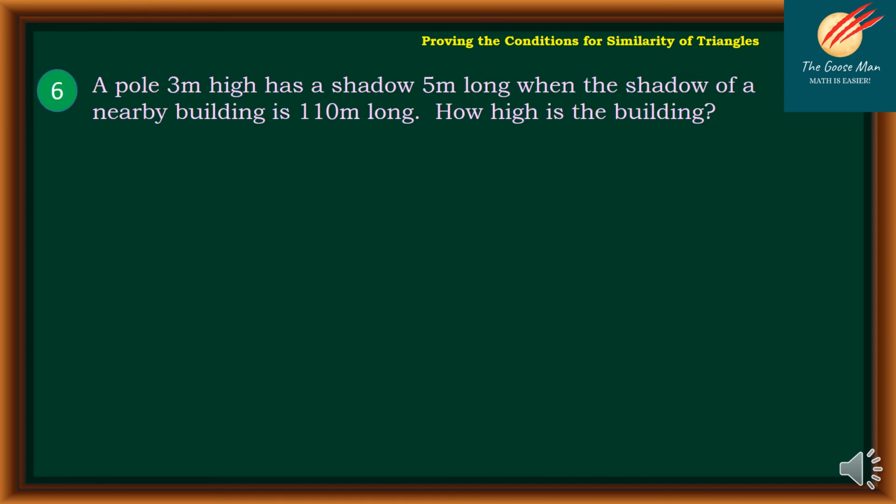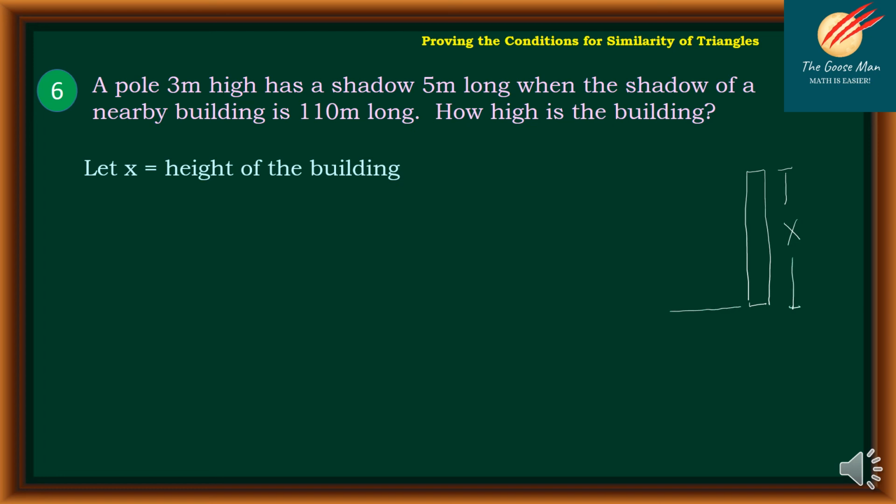So let's move on to problem number 6. A pole 3 meters high has a shadow of 5 meters long, while the shadow of a nearby building is 110 meters long. How high is the building? For our representation, we will let x be equal to the height of the building. Sometimes in order to solve the problem, we need to sketch or draw the problem. So say for instance, this is the building, and the height of the building is unknown, so we will represent that as x.